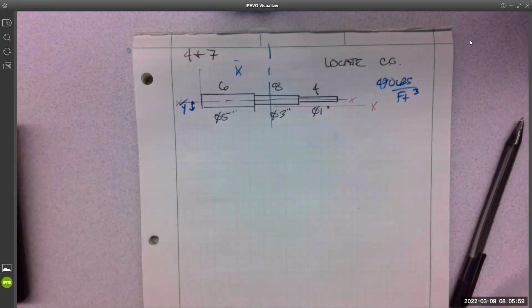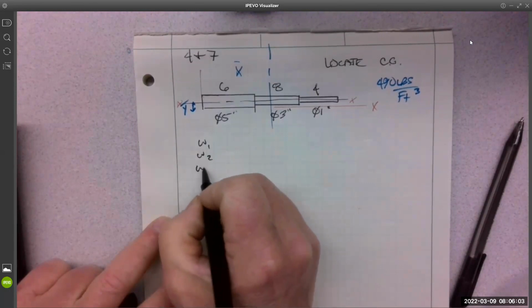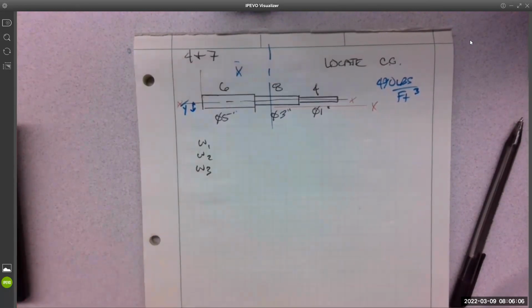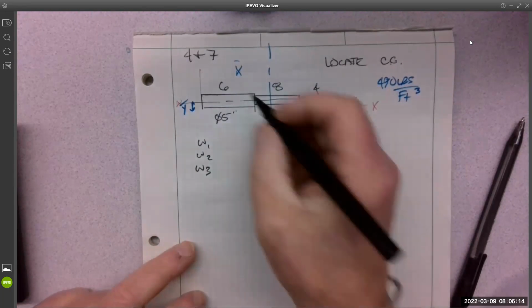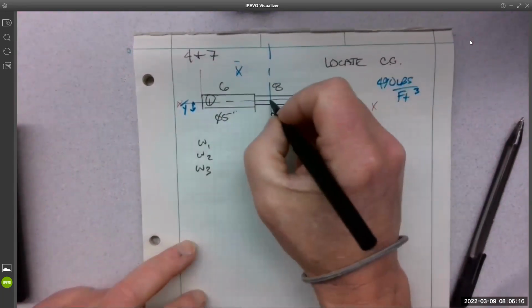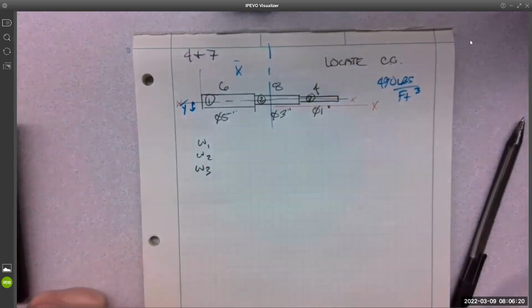So we need things like W1, W2, W3, and it's super helpful for me and anyone else looking at your work if you label those areas or shapes or parts of the thing. I don't know how you did it. I'm going to just go 1, 2, and 3.